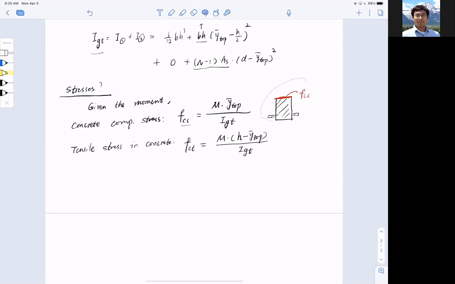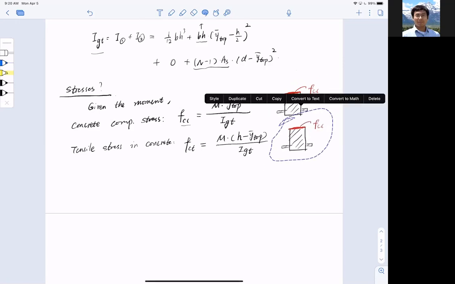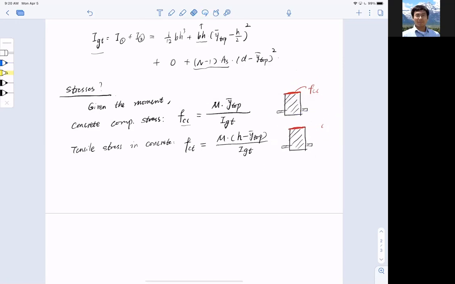And you may ask, where is it at? So again, let's copy this little image and paste it here. It's tensile, and we all know that tensile here is at the bottom. Since it is concrete, it's right here.